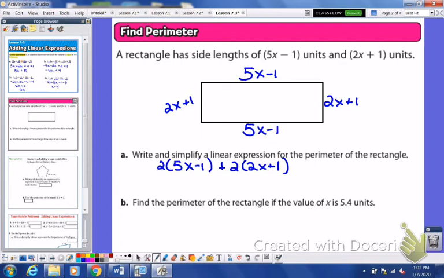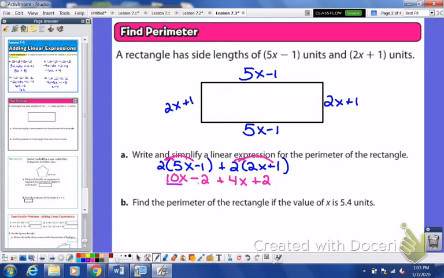So if I distribute my 2's, 2 times 5x gives us 10x minus 2 times 1 is 2 plus 2 times 2x is 4x plus 2 times 1 is 2.